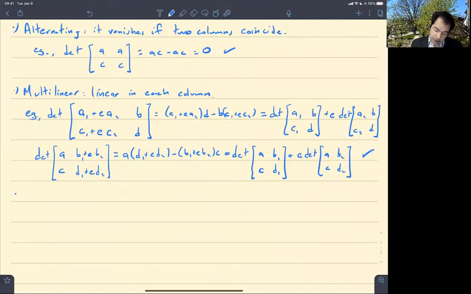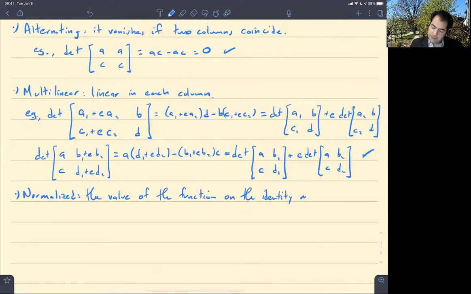And then the final property we're going to want to have for functions from matrices to elements of the field is just that it be normalized. So this says that the value of the function when you evaluate it on the identity is 1.